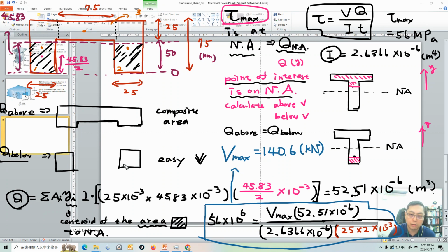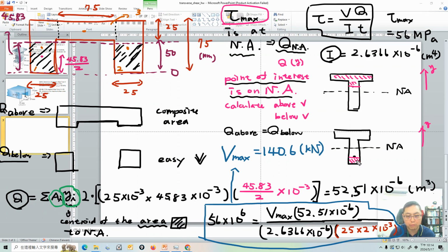I think this will confuse most students, and most students will make mistakes on this. Be careful, and the area can also cause mistakes, because Q is a function of y, so you need to be very careful.